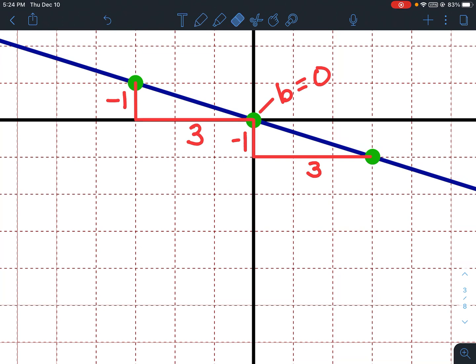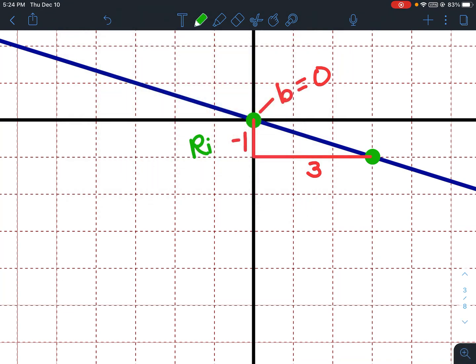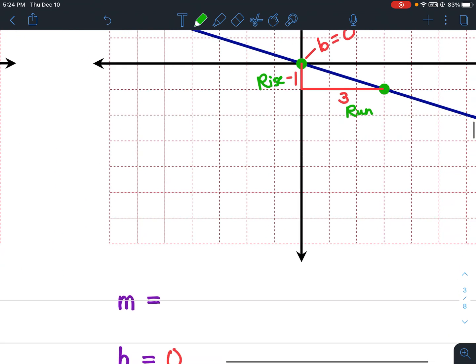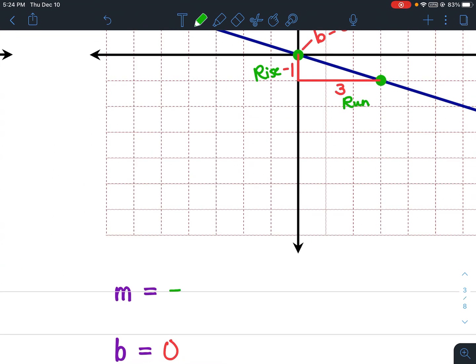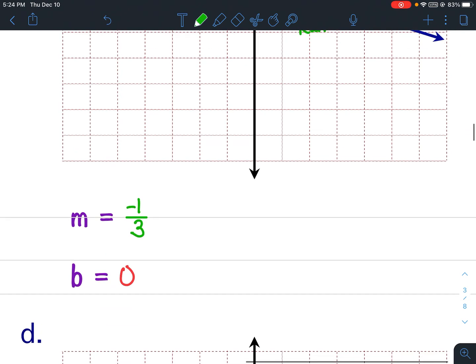All right. I'm going to erase those. I want you to write rise and run. So my rise is -1, and my run is 3. So this equation would be y equals -1/3 x.